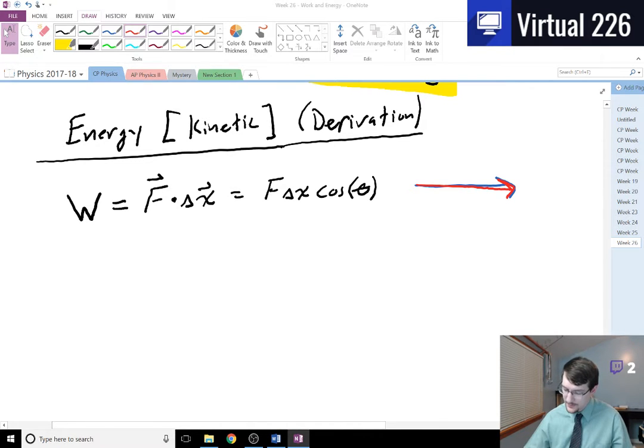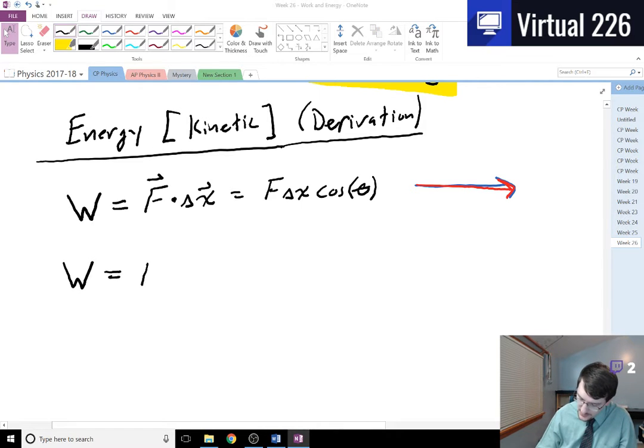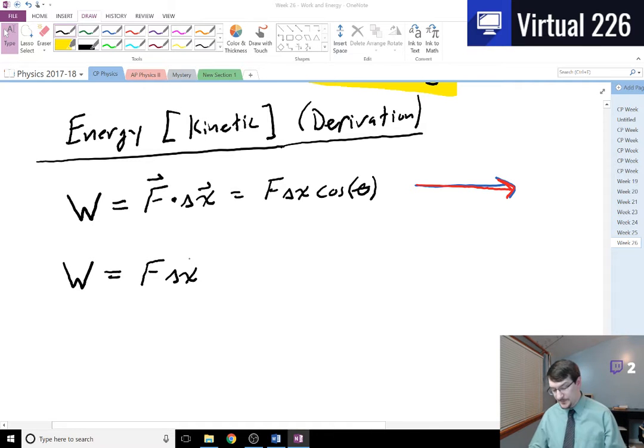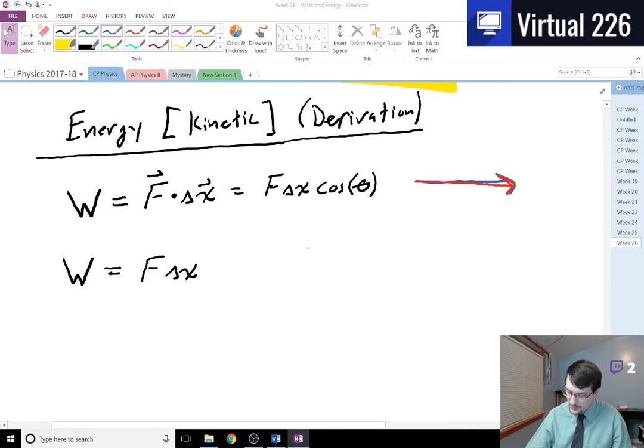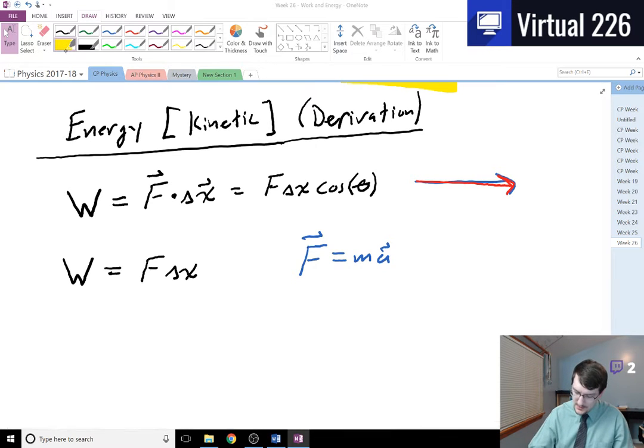Let's clean up the form of this. With that cosine going away, we've just got F delta x. I am going to recall that one of the greatest equations ever is F equals ma. If I see an F here and an F here, I'm just going to substitute ma over to the other side.